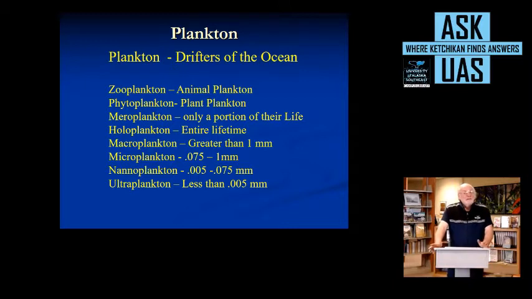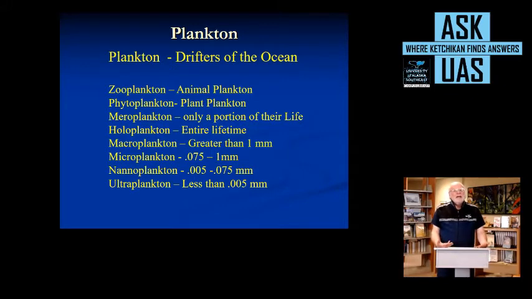Macroplankton, jellyfish are an example, are greater than 1 millimeter. I'm going to show you a picture of euphausids, which are a shrimp-like organism that actually can't swim very well against the current. And you've probably all heard that whales, like humpbacks and blue whales, are plankton eaters, and whale sharks and things like that are planktonic eaters.